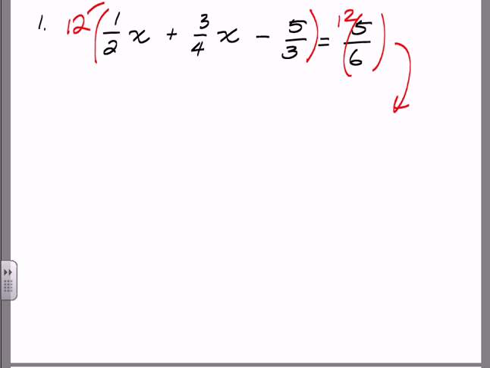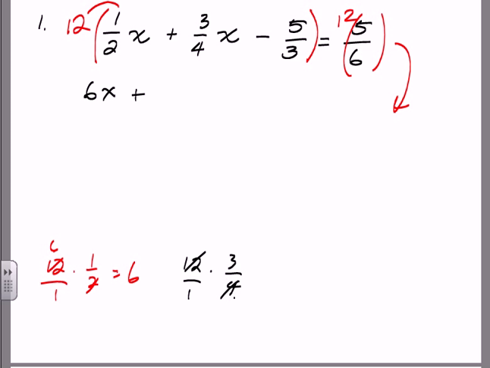Okay, so we're multiplying 12 times 1/2. So down here, I'm going to multiply 12 times 1/2. Throw that over 1. Cancel, cancel. We would end up with 6. So we would get 6x plus, and then 12 times 3/4. I'm going to do down here. Cancel this. We can always divide whatever the little denominator is here. You can always divide by that and get a 1 there.